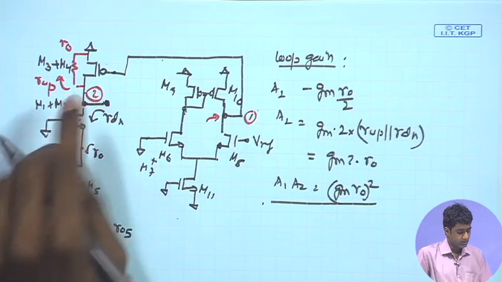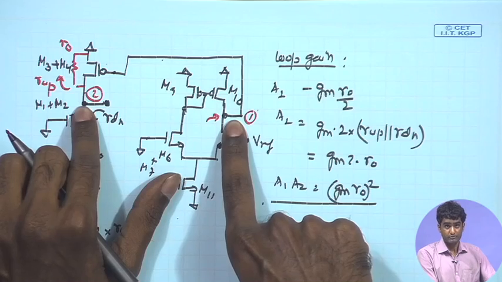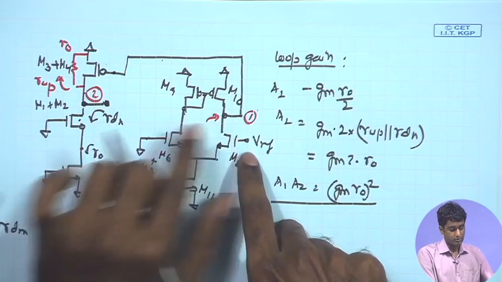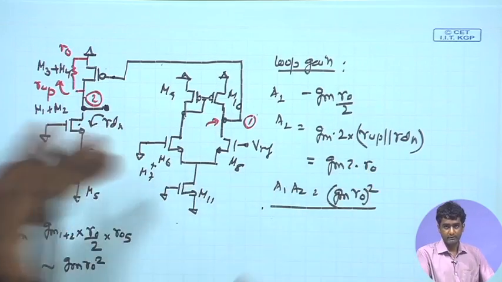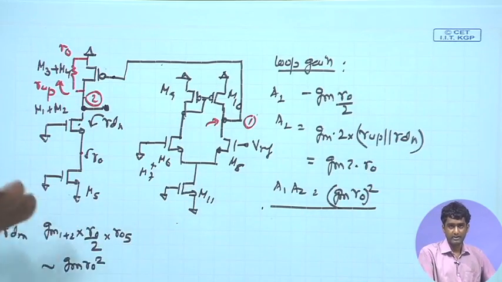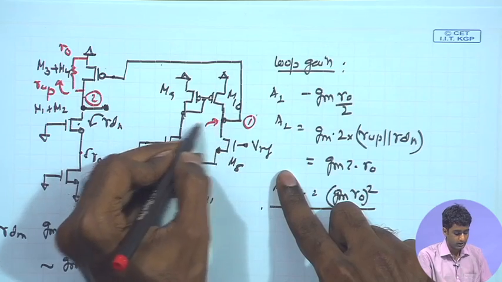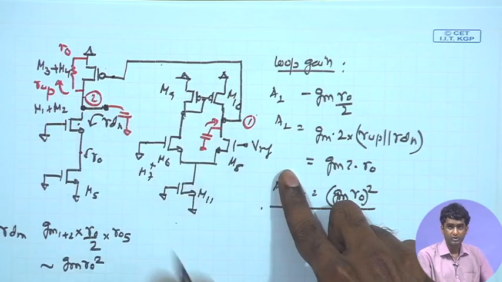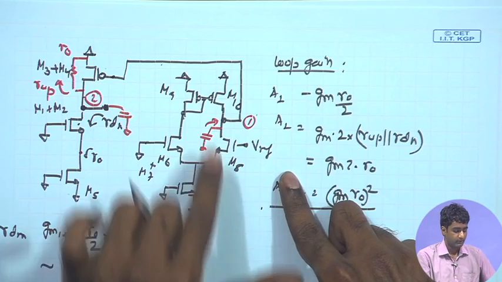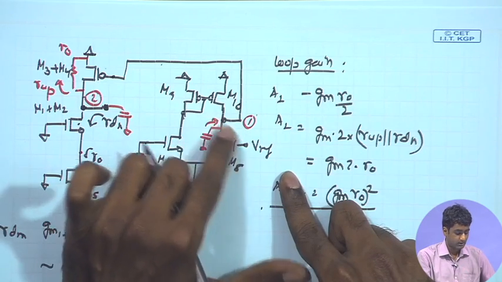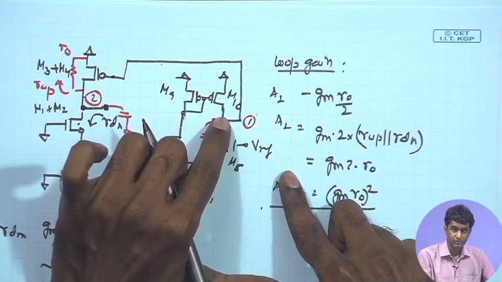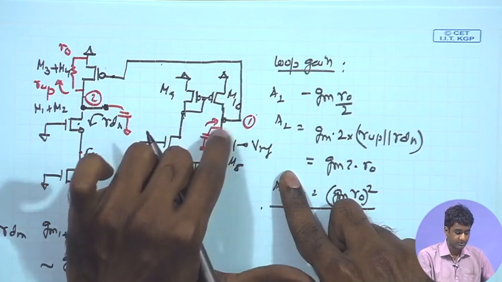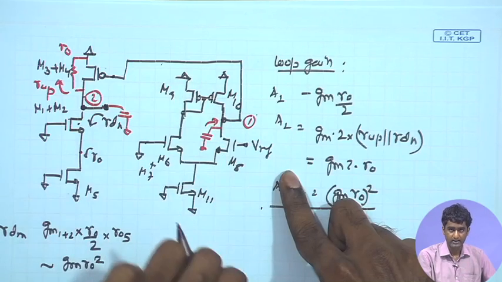So, if we need to find out the expression for the poles at this point, we need to figure out the overall parasitic capacitances. So, basically following the standard procedure that we have learned earlier for single stage amplifier and differential amplifier, we can figure out the overall parasitic capacitance at this node and the second node by counting the contribution of all the transistors. Wherever we need to apply Miller effect, we need to apply the Miller effect to break down the capacitances between this node and some other terminals in the signal path, and in some cases the capacitance directly appear between this particular node and the AC ground.